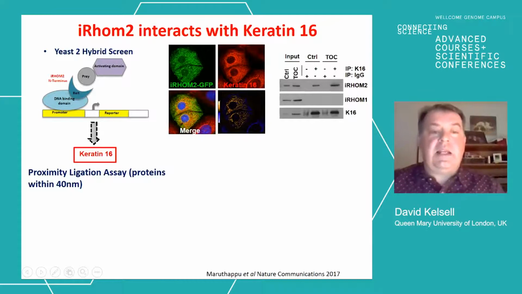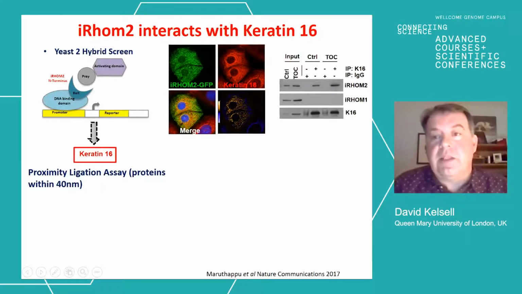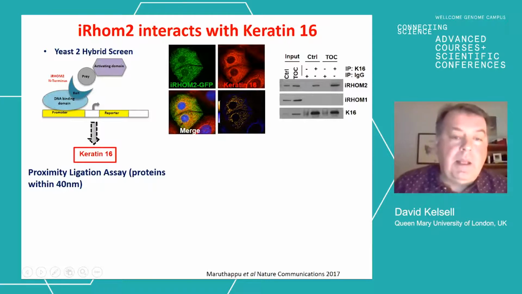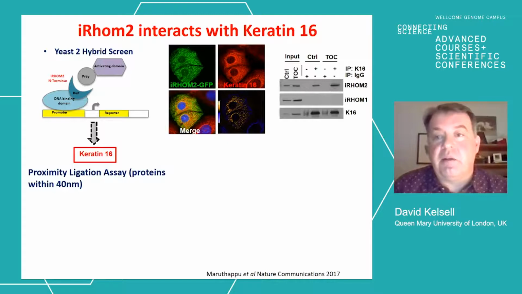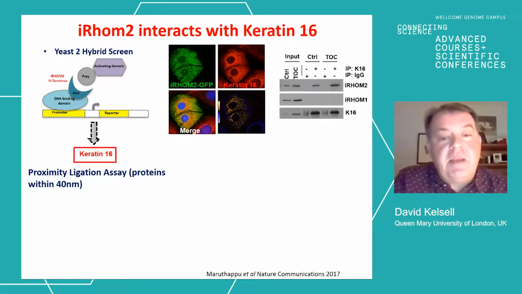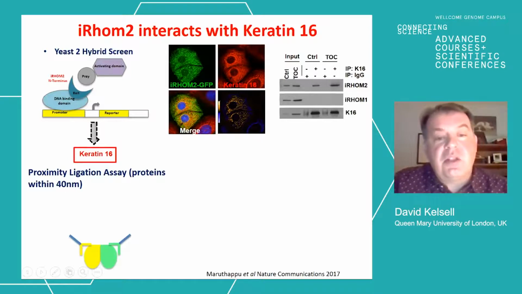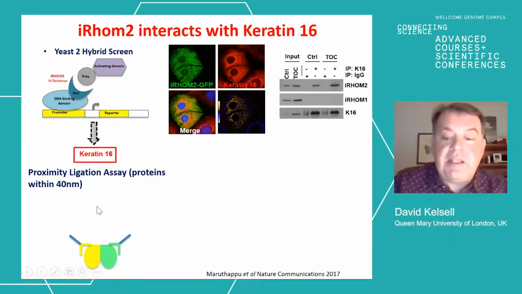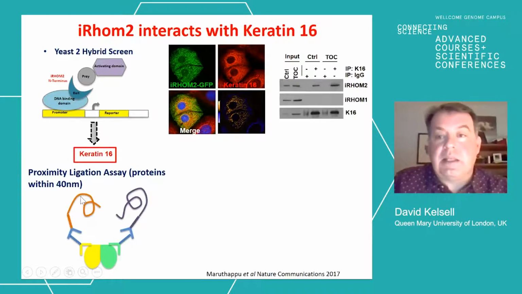Another technique to visualize protein-protein interaction is called the proximity ligation assay. And this measures protein interaction within 40 nanometers. So they're maybe not definitely interacting, but very close to each other. How this method works is that you use your two antibodies, K16 and iRhom2, and then you have a secondary antibody that binds to these antibodies.